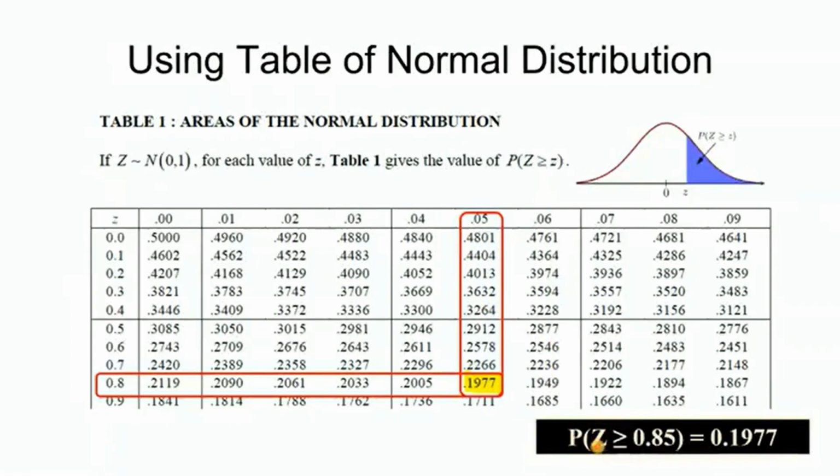The probability of Z more than or equal to 0.85 is equal to this area, which is 0.1977. This area like this will be 0.1977.